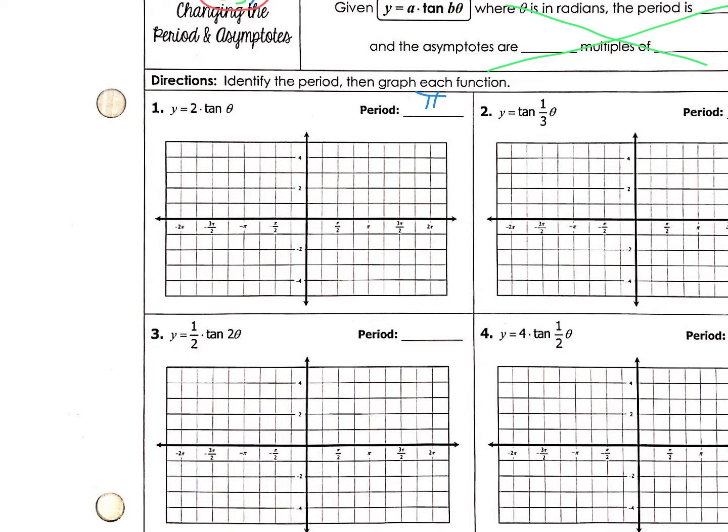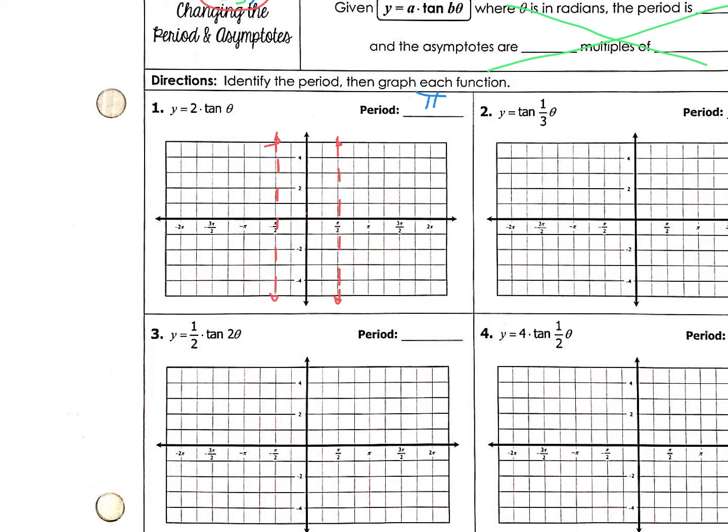And if that's the case, then we're just going to set up our asymptotes just as we did in the parent function. Now I know that we have a 2 in front, but that 2 actually has no bearing on the problem at all. It's going to look identical to what we just drew. So here's my original asymptotes.